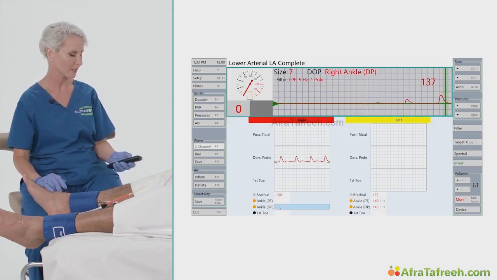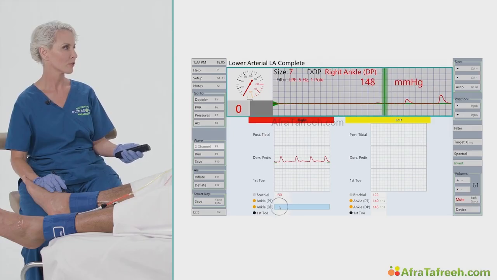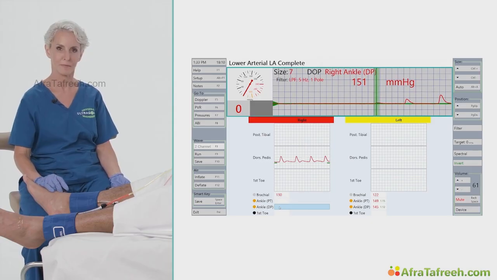Three strong beats on the return. And place your marker at the onset of the first strong beat for a pressure of 151 millimeters of mercury.